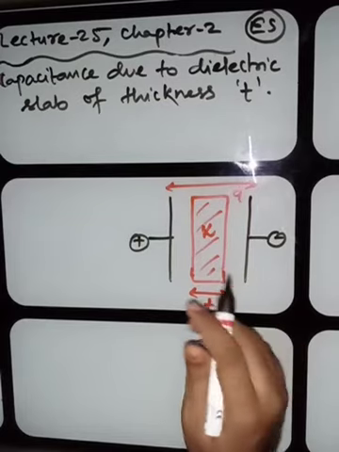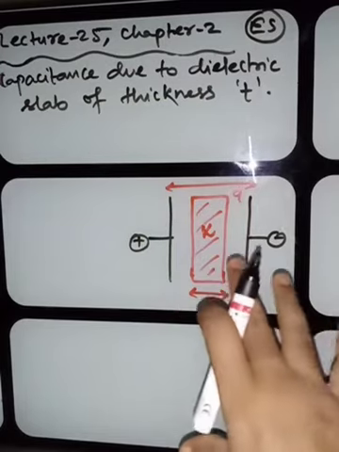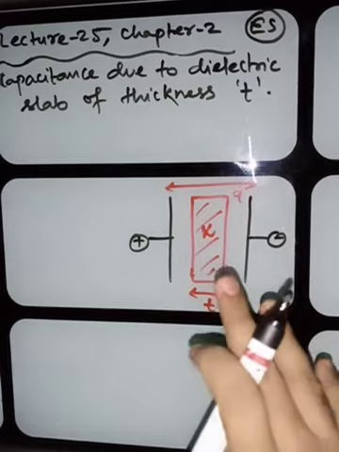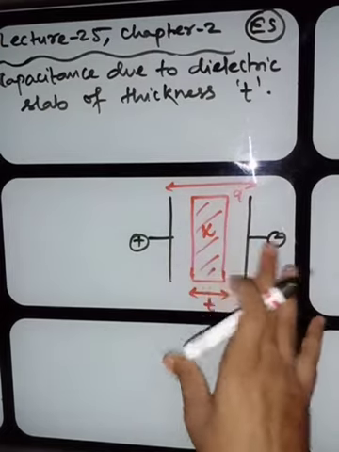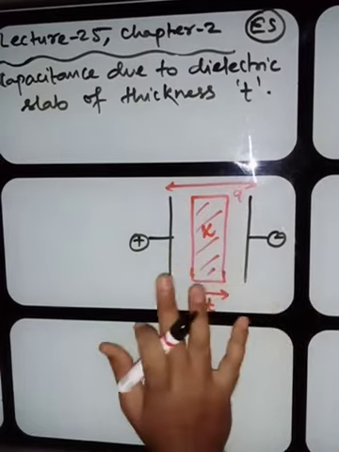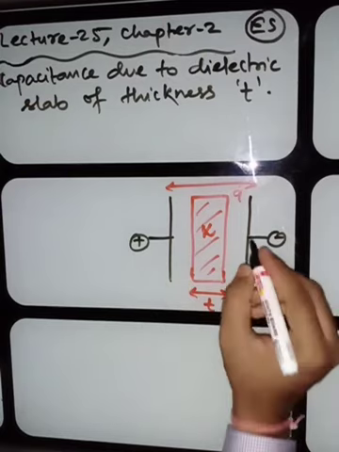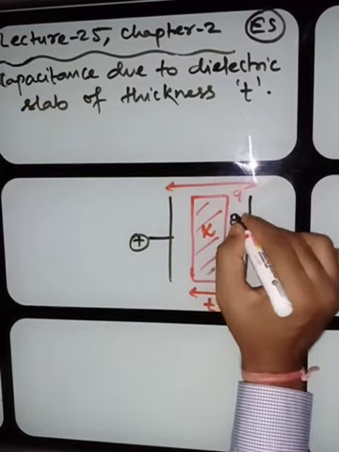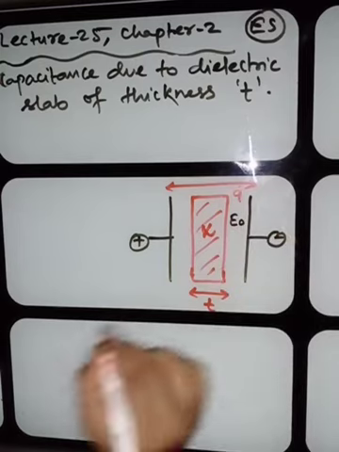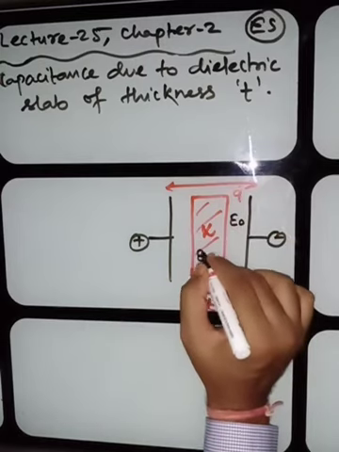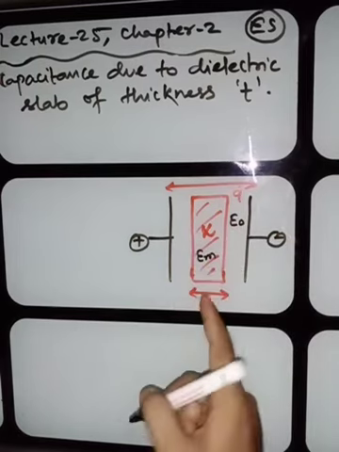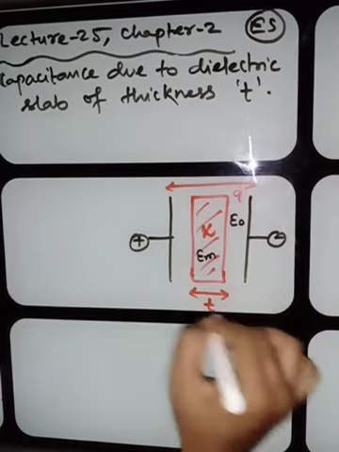If you want to derive, you have to just keep in your mind two or three things. It is a very simple derivation. Remember, here the electric field will be the electric field due to free space. Here the electric field will be the electric field in this particular medium, and the net electric field will be changed.